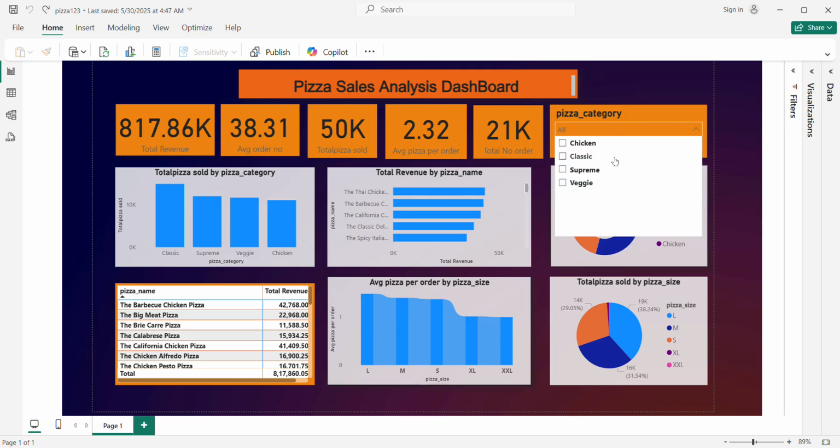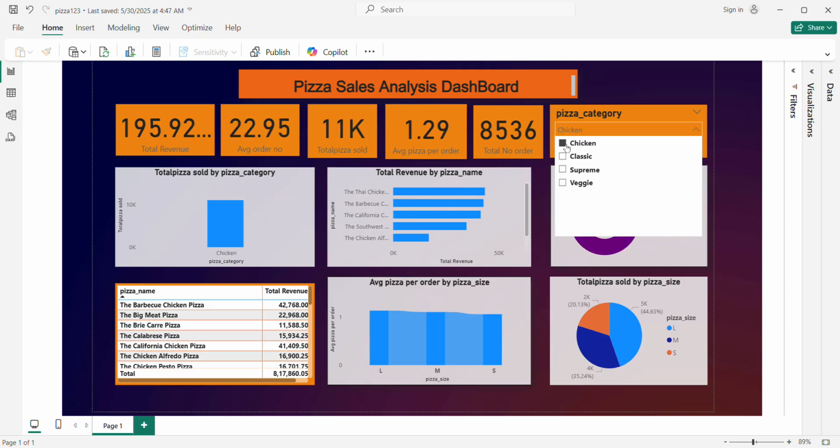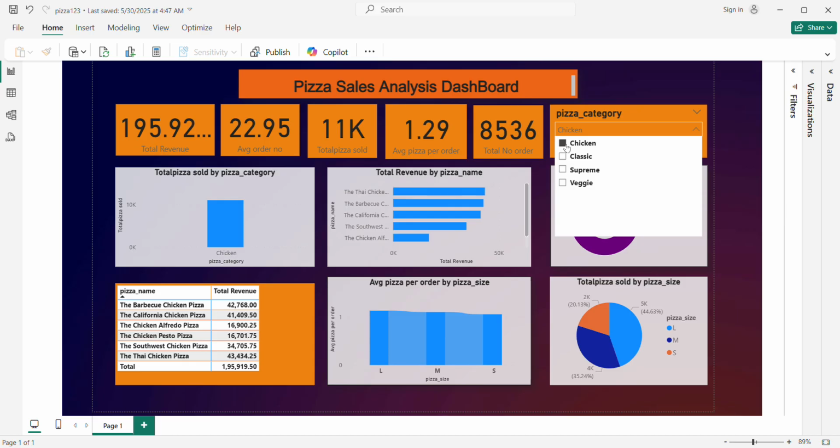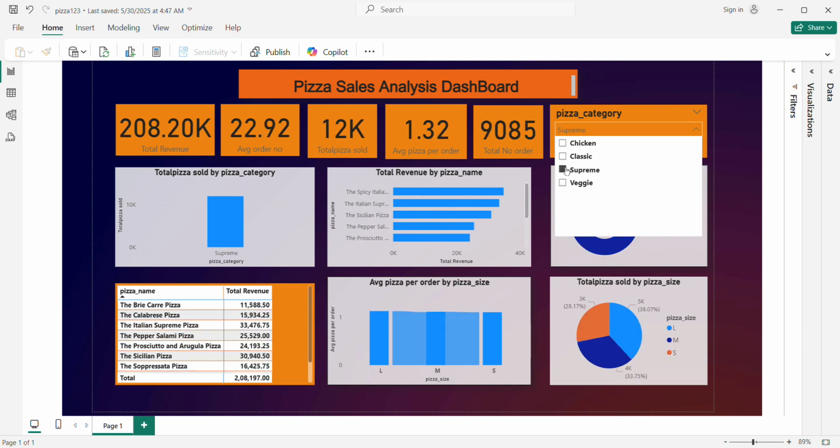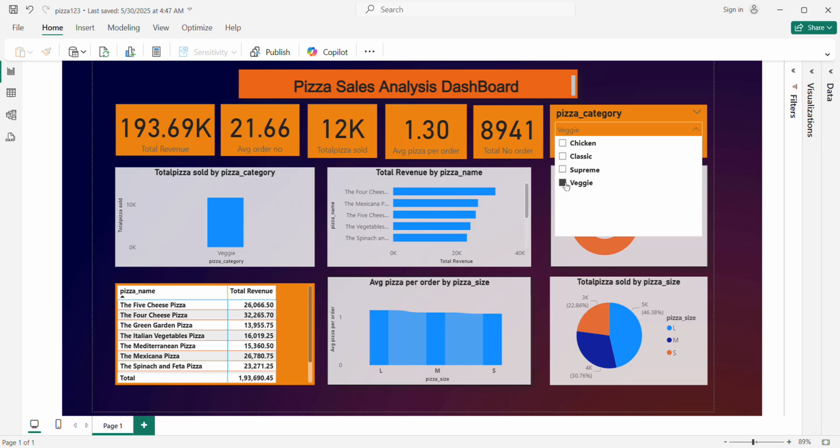And this is a filter used for the categories of the pizza, like chicken, classic, supreme, and veggie. It is used for comparison of those pizza categories.